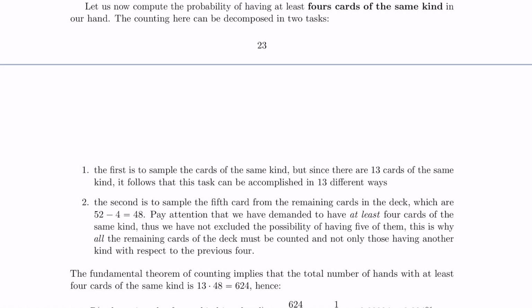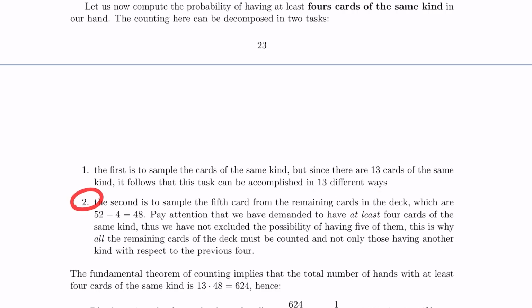Now we want to compute the probability of another event, that is, having 4 cards of the same kind in one hand. The job of counting here can be decomposed in 2 different tasks. The first corresponds to sampling the cards of the same kind from the deck, but we know that this can be accomplished in 13 different ways.